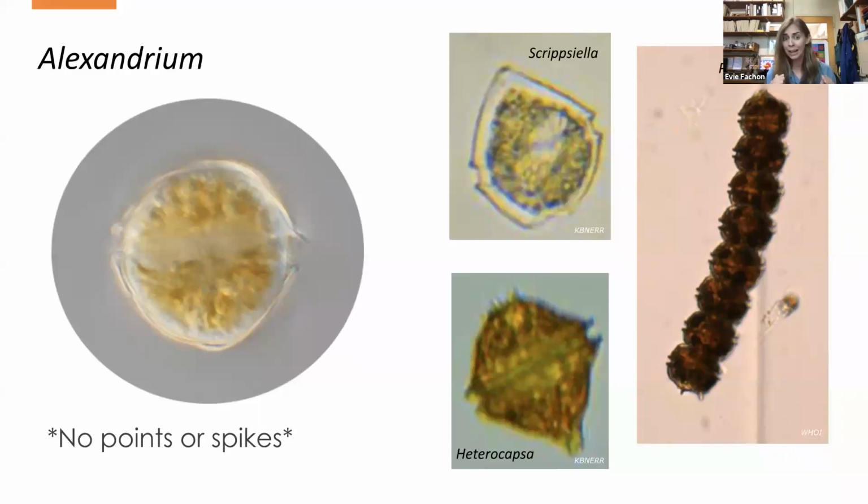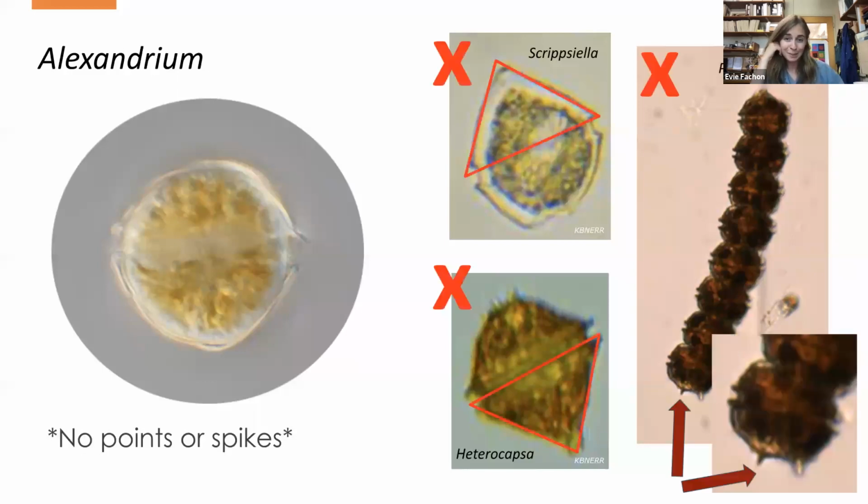It looks like a party hat, and you would never expect to see something like this on an Alexandrium. Heterocapsa below also has that pointed shape. So if you're seeing structures like that, even if it's the right color and size, it's probably not Alexandrium. And the one on the right is even trickier. If you don't mind advancing one more time, Thomas. It is a chain.